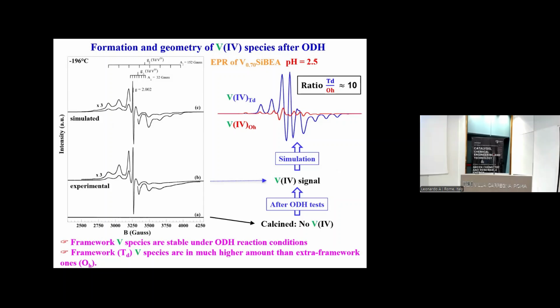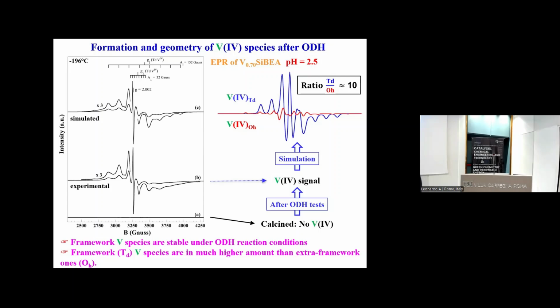So now by EPR spectroscopy, we can observe a big difference between preparation at pH 2.5 and pH 6. In the case of calcined zeolite, vanadium is in the 5 oxidation state. So we do not observe an EPR signal related with the presence of vanadium 4, because vanadium 4 is only present when we do the ODH test.